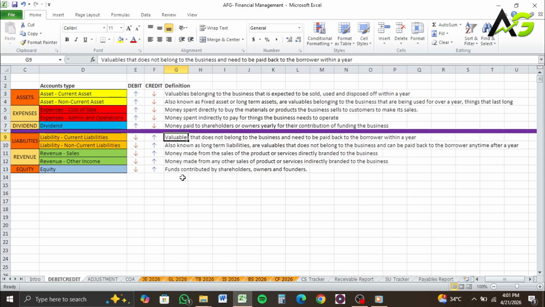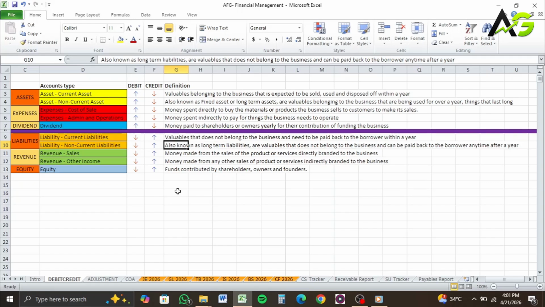Within a year, you obviously intend to give the customer the product that they have ordered. You don't intend to hold customers' goods for over a year. You destroy your reputation. So it's within a year that any company will decide to settle their debts when it's a current liability. Okay.